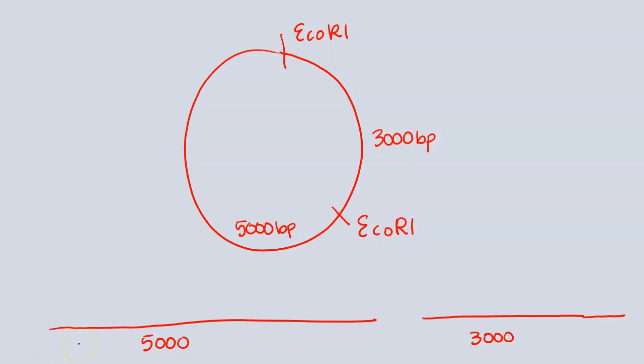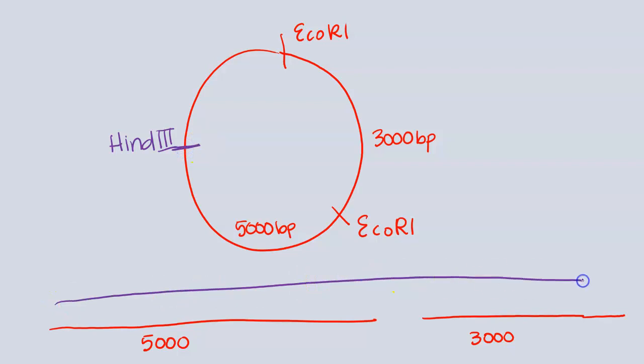Let's say we have another restriction enzyme called HindIII, and maybe that one only cuts this chromosome one time. A plasmid is something else. When it cuts this chromosome one time, all it's going to do is make a cut here.